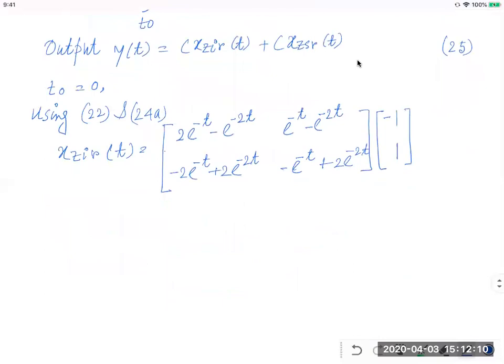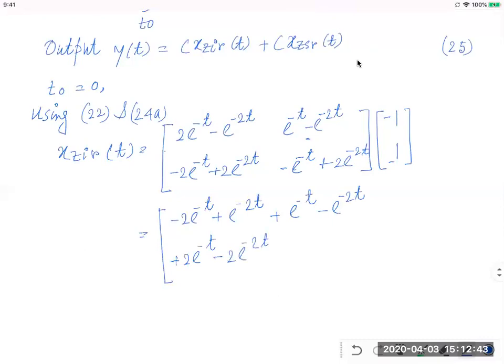So if we simplify, then we will get minus 2 e to the power minus t plus e to the power minus 2t, plus this one into this, so e to the power minus t minus e to the power minus 2t. In the second row, plus 2 e to the power minus t minus 2 e to the power minus 2t, minus e to the power minus t.